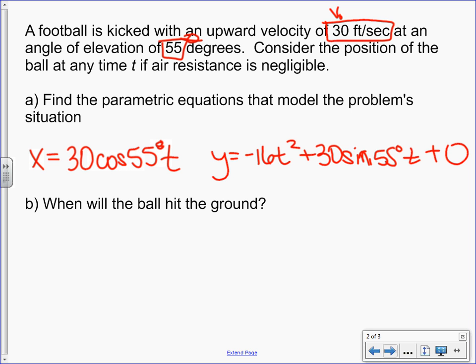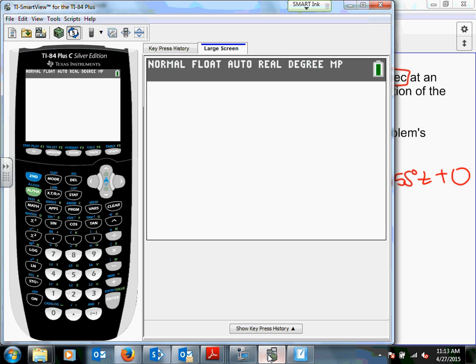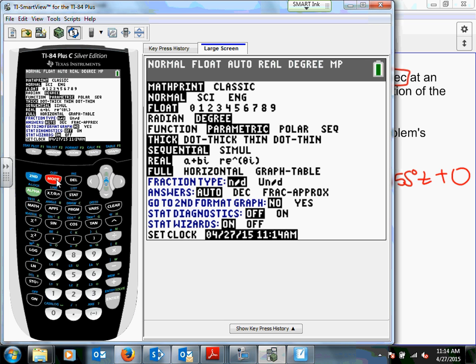Okay. So, everyone pull out your calculators. Everyone go to mode. Degrees or radians? We want to be in degrees because our angle is in degrees. And do you see where we used to be in polar mode?